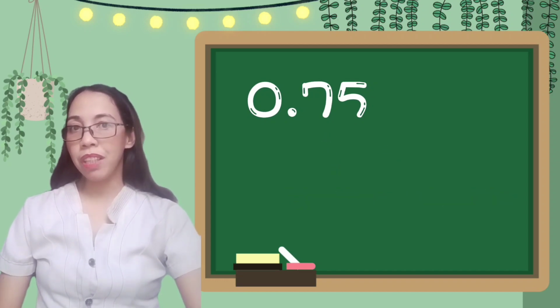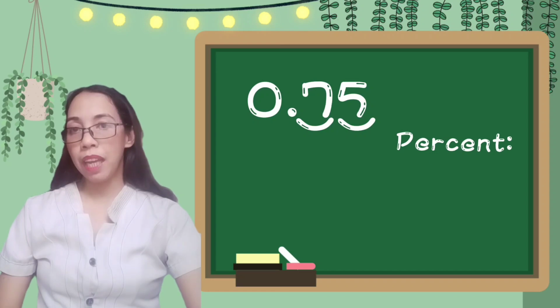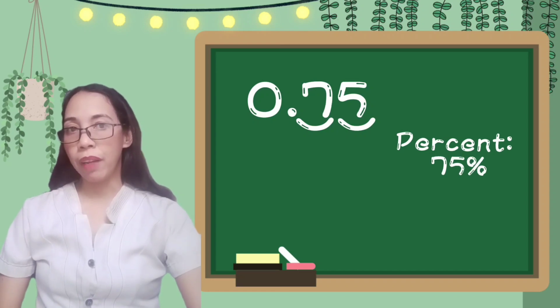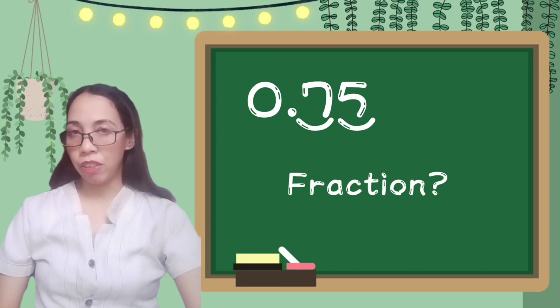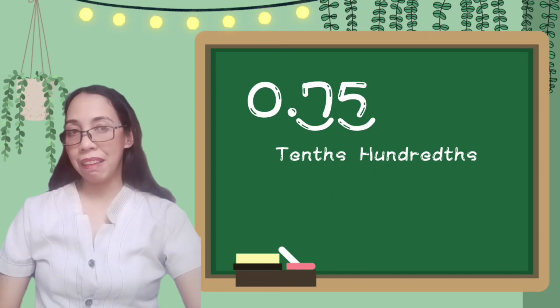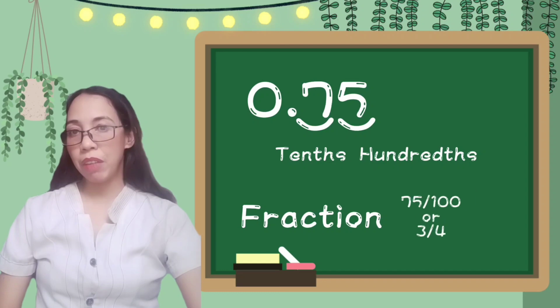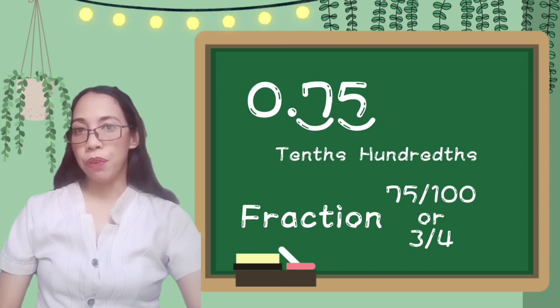So, as we convert it into percent, we just move the decimal point 2 places to the right and put a percent symbol. What about converting the decimals into fractions? Because we have hundreds, 2 decimal places, that is 100, our fraction will be 75 over 100, or just simplify the fraction, that is 3 over 4.